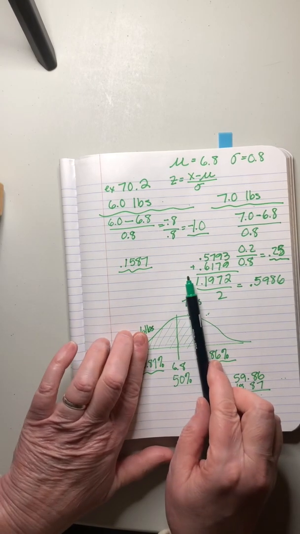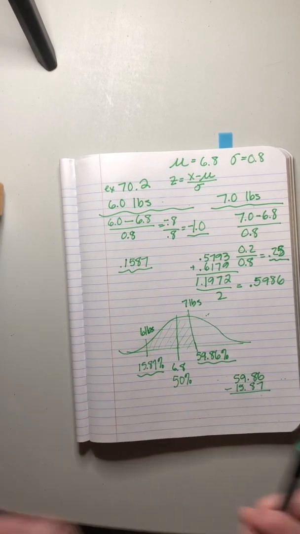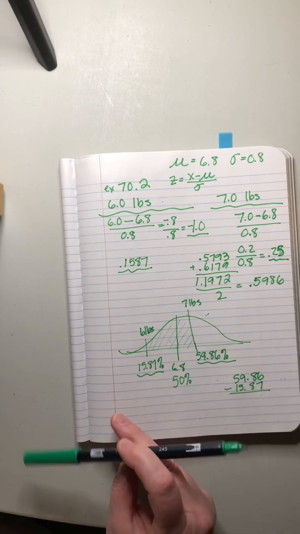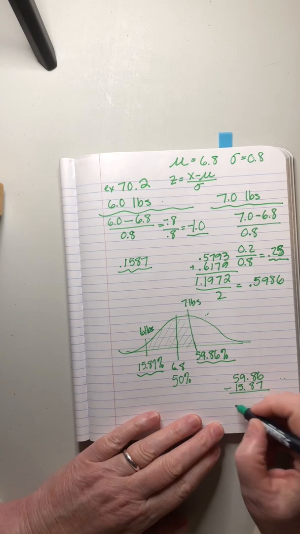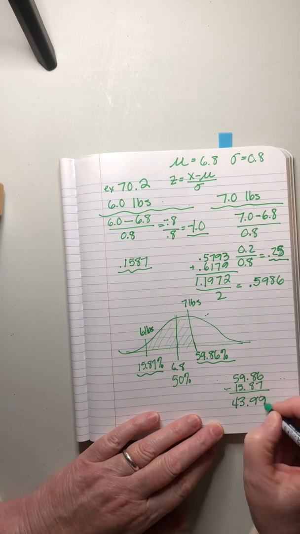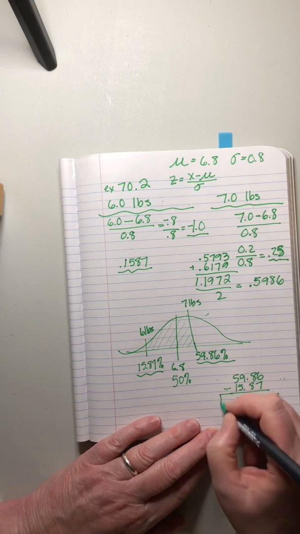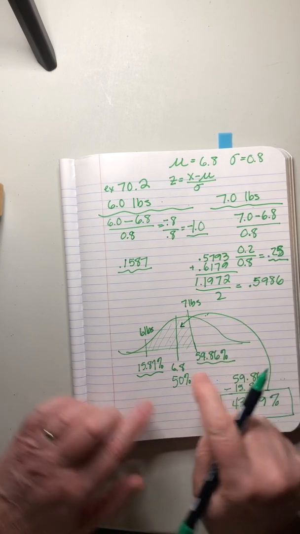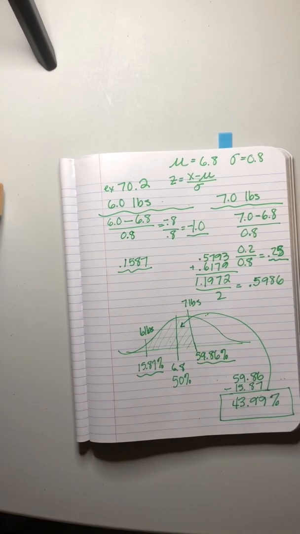So if we want the gap in between them, we subtract. And the number that we get is 43.99% of the babies fall into this category, between 6 and 7 pounds. That's kind of fun, I think, to know that we can manage the data in such a way that we can get answers like that.